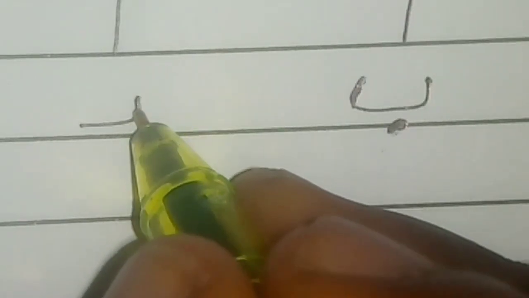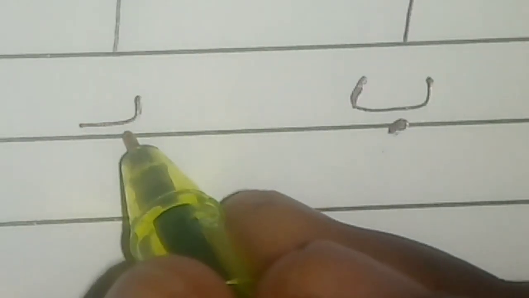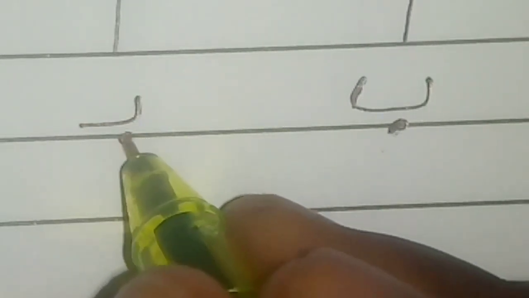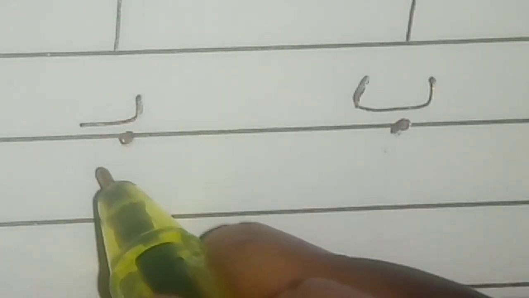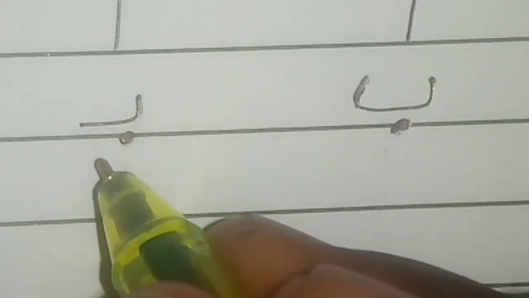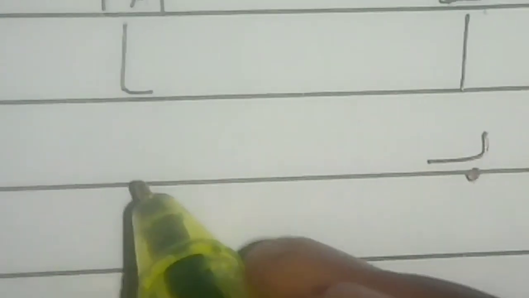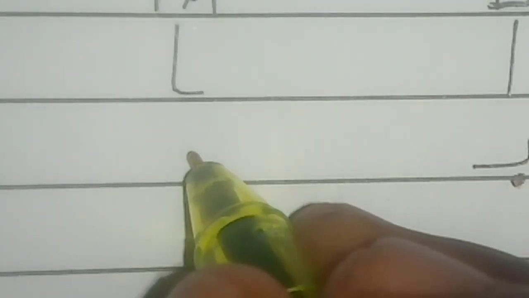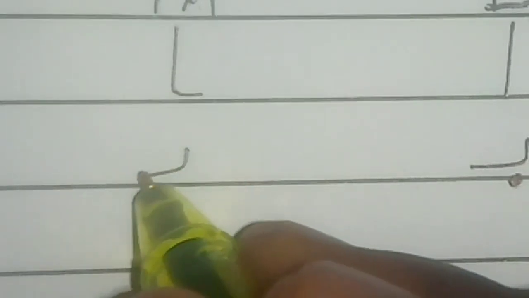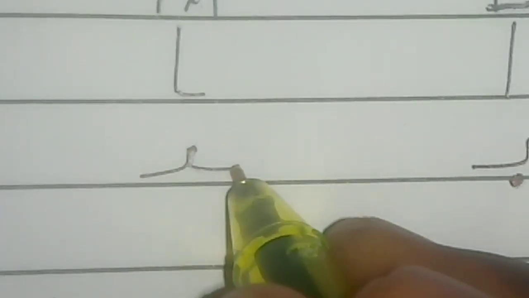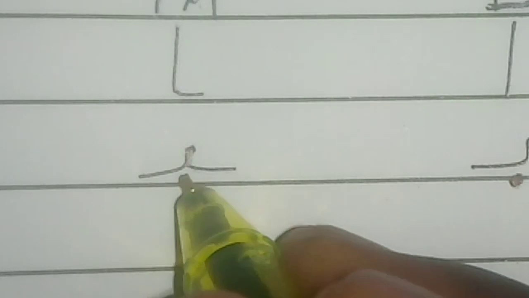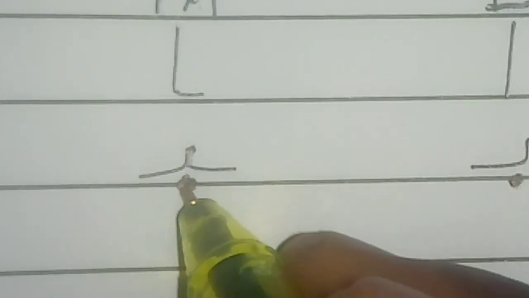It connects to the left side in this format. The Ba at the middle looks like this, with one dot under it.